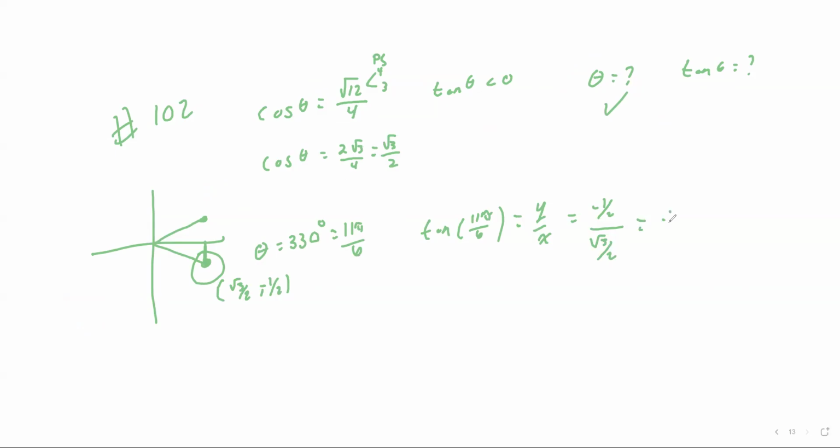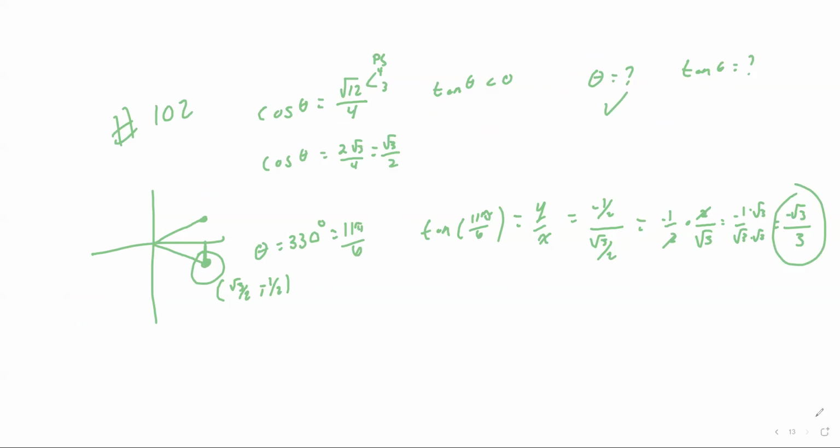We're going to keep the first fraction, change the division to multiplication, flip the second fraction. The 2's would cancel, leaving me with negative 1 over the square root of 3. We then rationalize this. So this gives me negative square root of 3 over 3. There you go. Again, you can do that also with 330 degrees. It gives you the same concept.